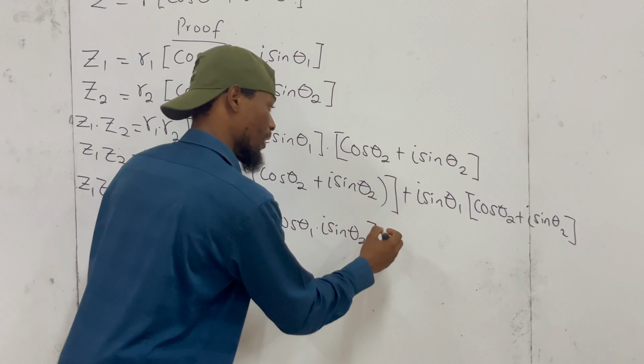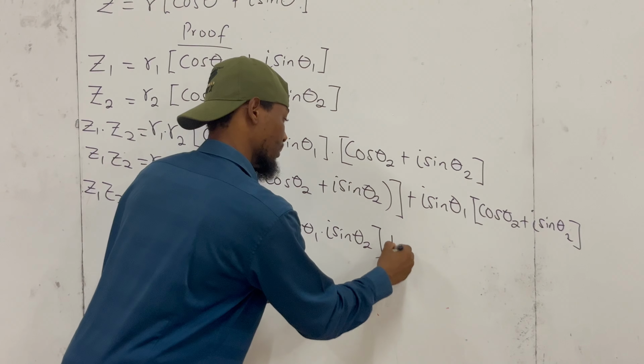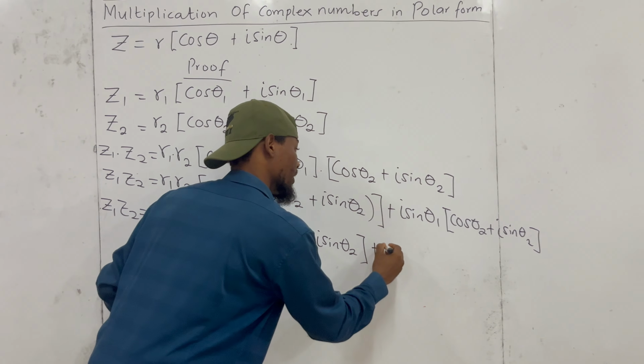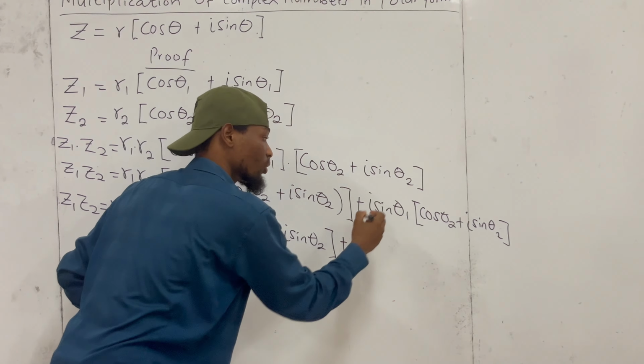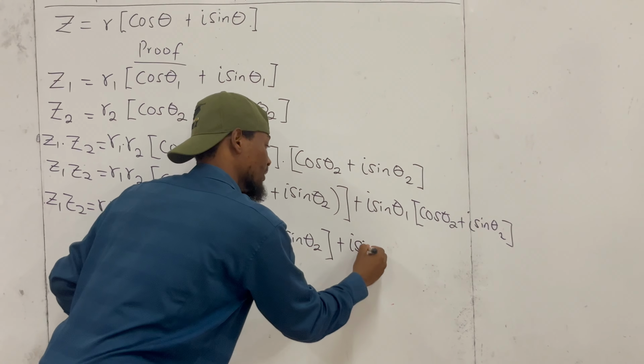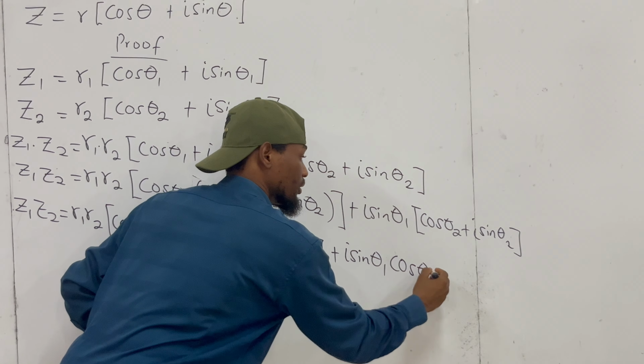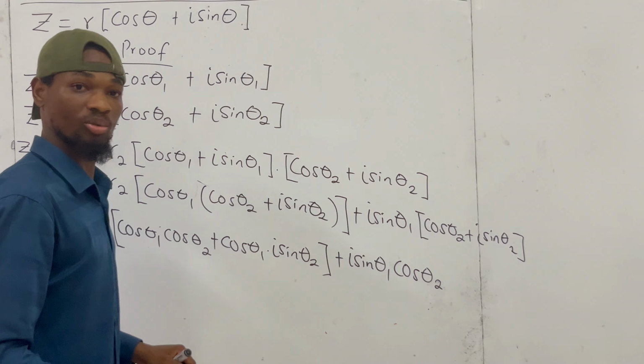Then I have plus i sine theta 1 by cos theta 2 gives i sine theta 1 cos theta 2.